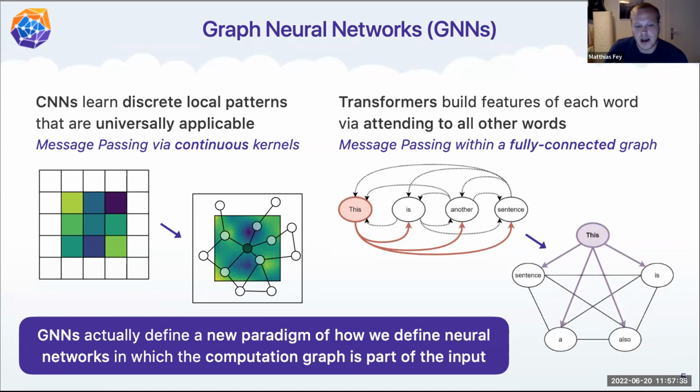In particular, I don't see them as much dependent on operating on graph structured data, but more of how we define neural networks in the sense that the computation graph of our neural network is no longer fixed or part of our pipeline, but it's actually part of the input. And so we can just change the input and our deep neural network behaves differently.